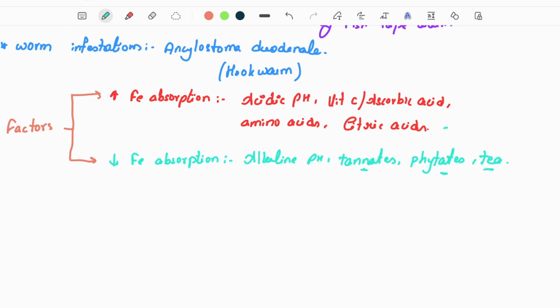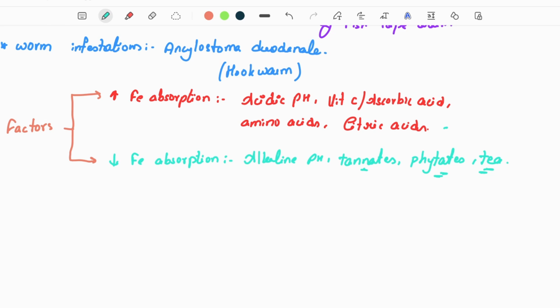Okay, so you should tell him that he should take some food that increases the absorption of iron, because he is already on supplements, and if he takes tea or the food products that are containing phytates, the absorption still decreases, or the body may not absorb sufficient amount of iron that we are providing or that his body is needing.